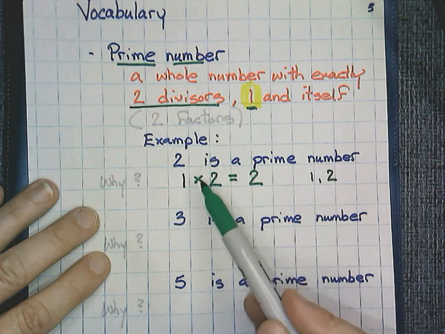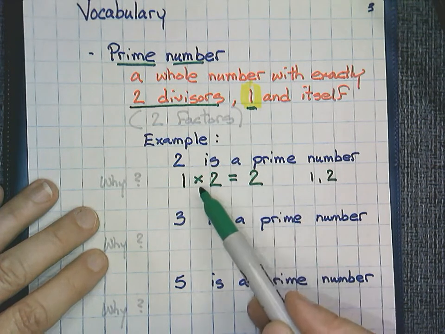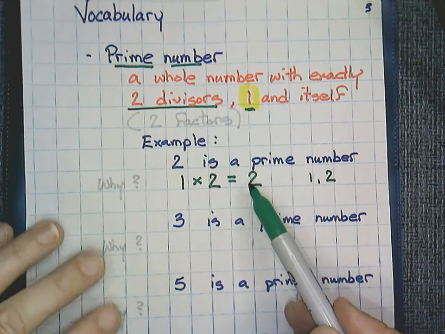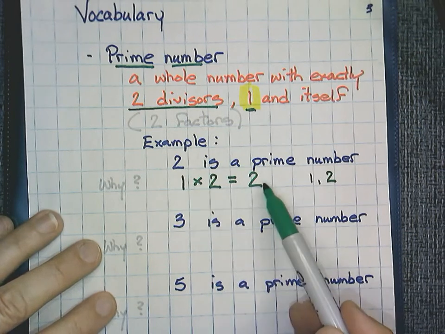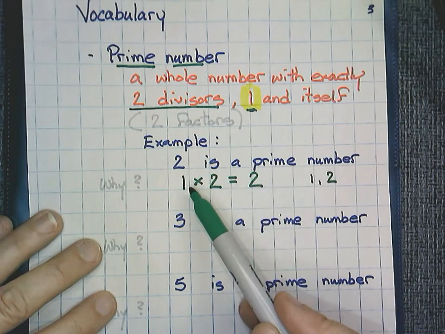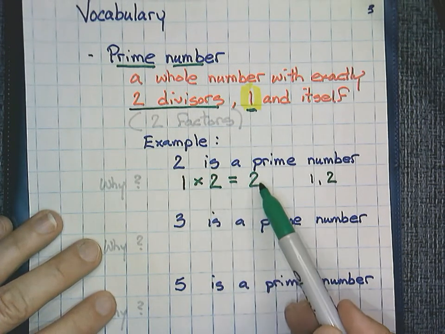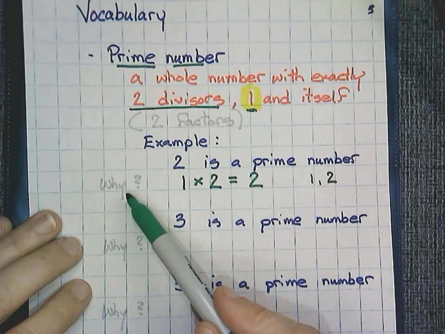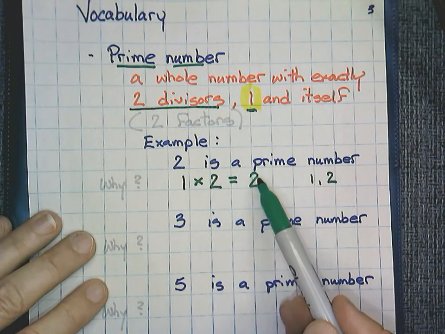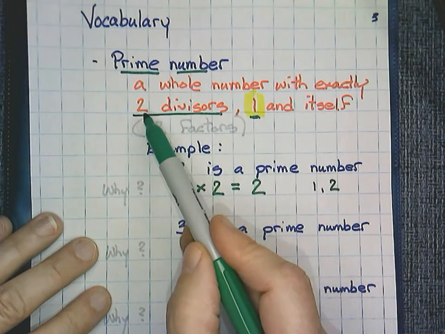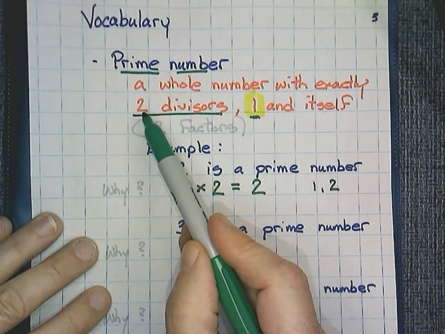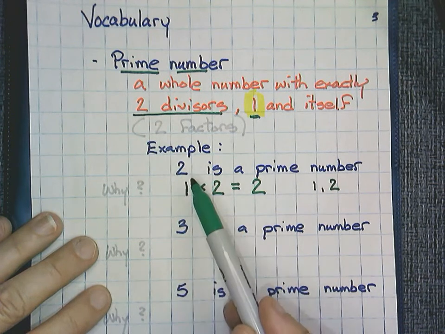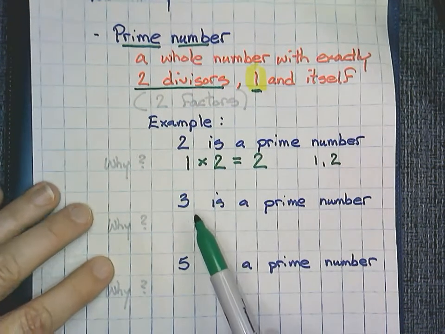But in this case, we're using factors, which is kind of like an inverse operation. There are no other factors for 2. For example, you can't say 3 times 2, that would equal 6. And there are no other ways. So that is the reason why. Remember, our definition for a prime number is that you only have how many factors? 2. So 2 is a prime number.